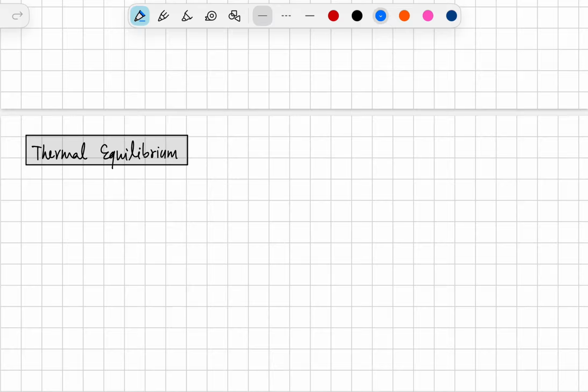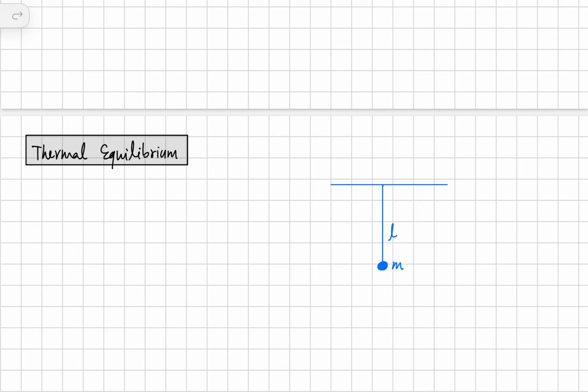We have seen in our mechanics courses also that suppose I have a pendulum like this. The string has length L and the bob has mass m, so there is a force on the bob in downward direction, that is gravitational force, and tension force T in the opposite direction.